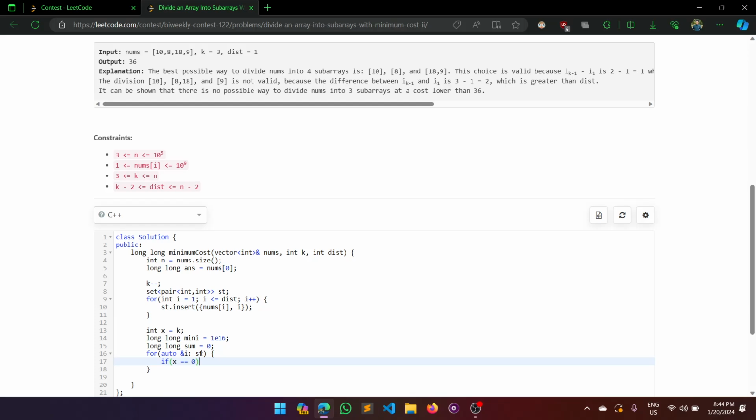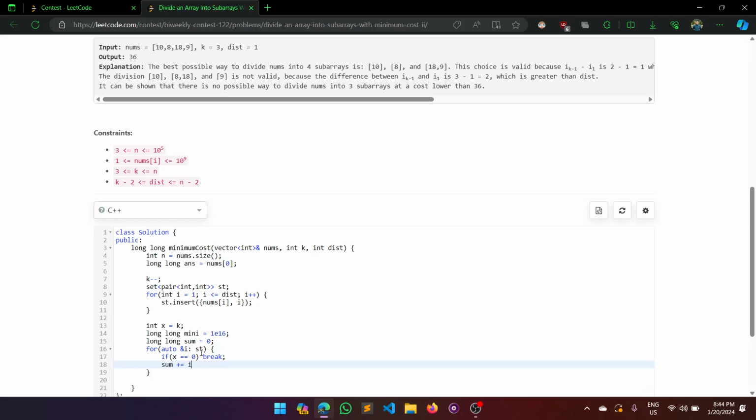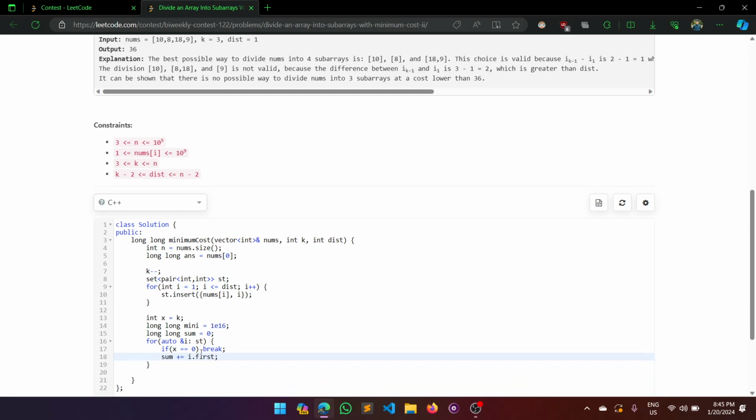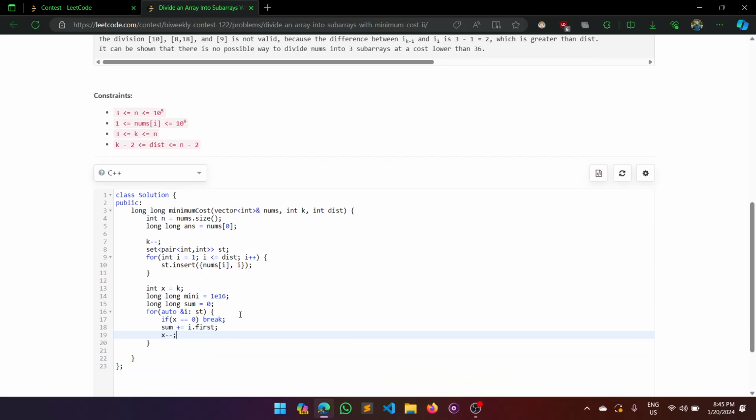If x turns out to be 0, we'll simply take it, otherwise we'll keep adding the first of i and decrement x, right? And we'll get our first answer by taking the minimum of minimum, and that's our first answer.